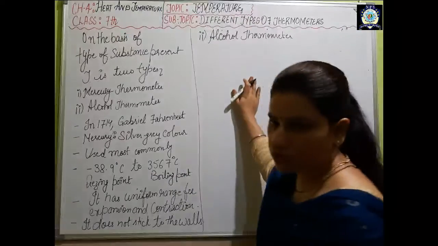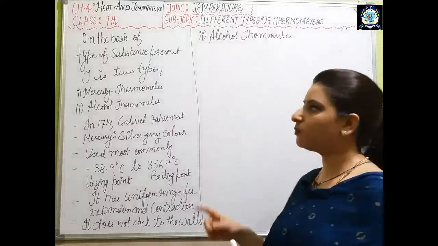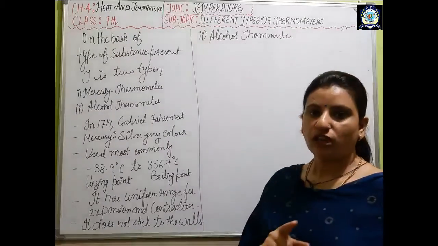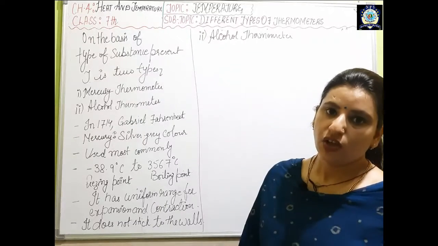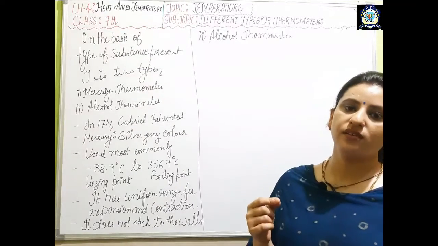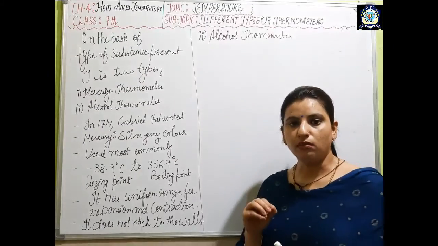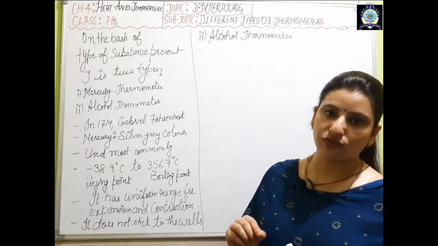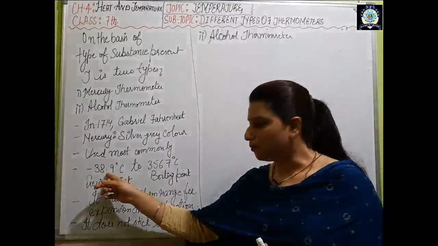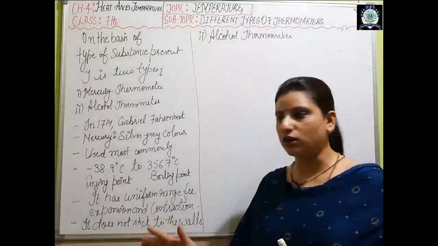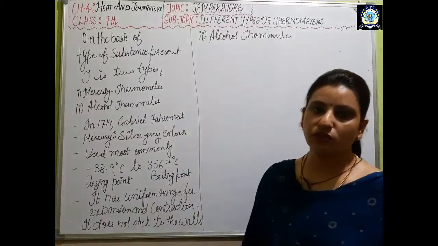So there is one question: if mercury thermometers are used most commonly, then why is there a need to make this alcohol thermometer? The answer is that the alcohol thermometer is used in those areas which always experience cold conditions throughout the year, because at many negative degrees of coldness, even beyond minus 38.9 degrees Celsius, the mercury thermometer will not work.